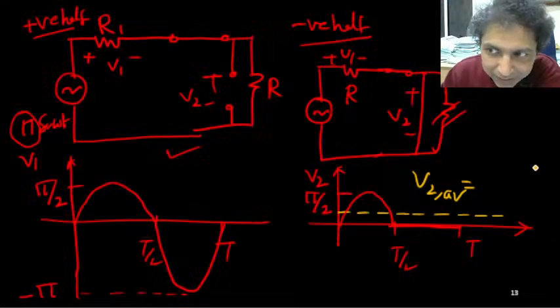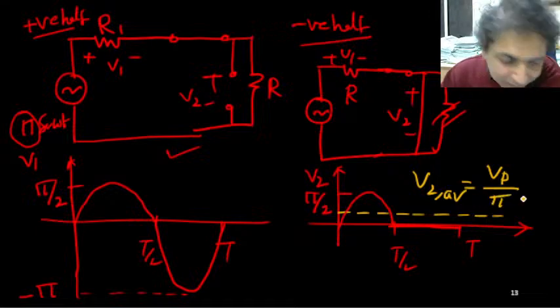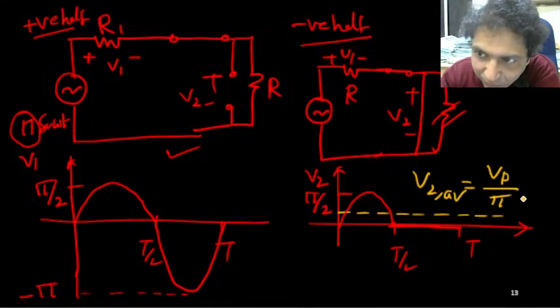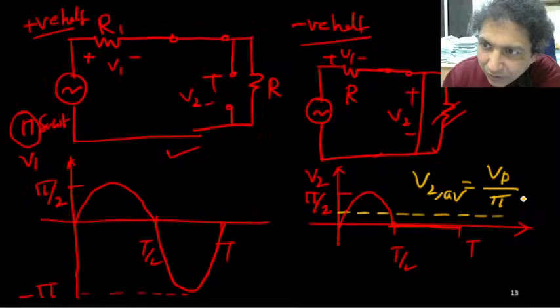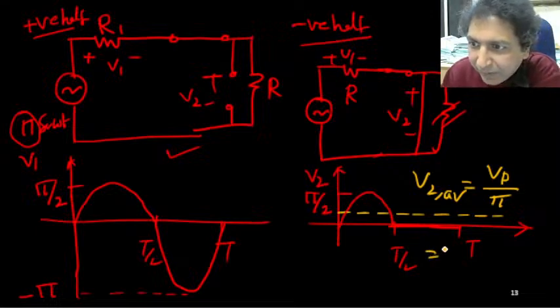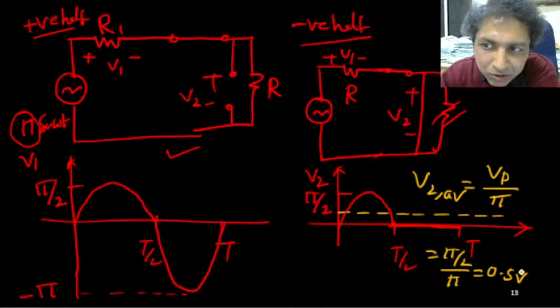I think you know that. This is the average value for a half wave rectifier, that you can use. And in this case, what is VP? VP is your pi by 2. So as it is pi by 2 upon pi, it is only 0.5. So the average value for V2 is 0.5.